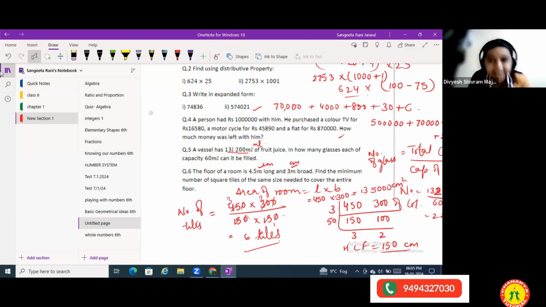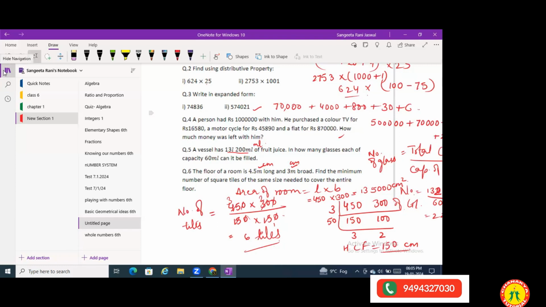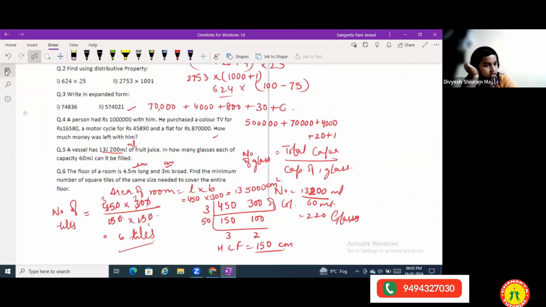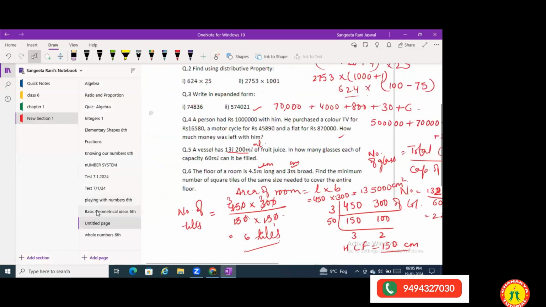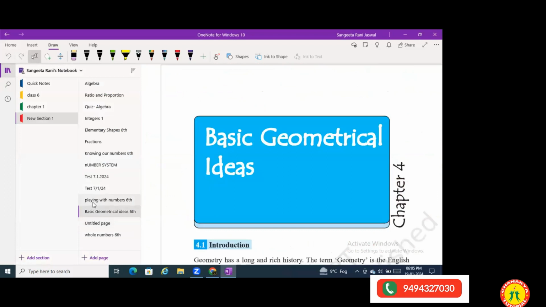Thank you, ma'am. Okay, shall we move on to the next lesson? Yes, ma'am. That's basic geometrical ideas. Or do you want to do more practice of this lesson, Playing with Numbers?